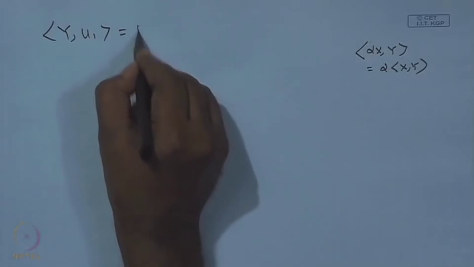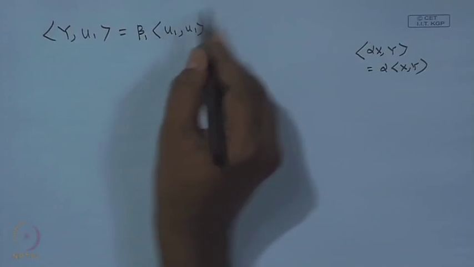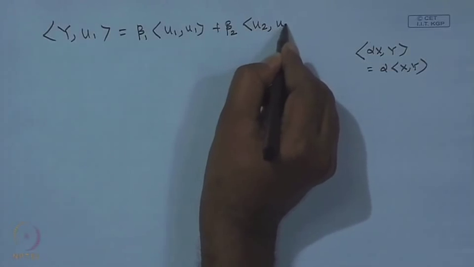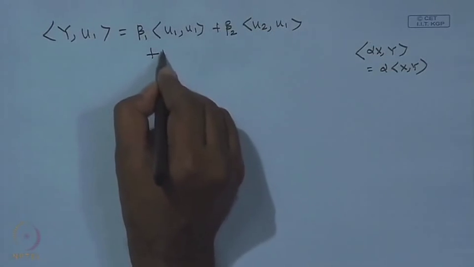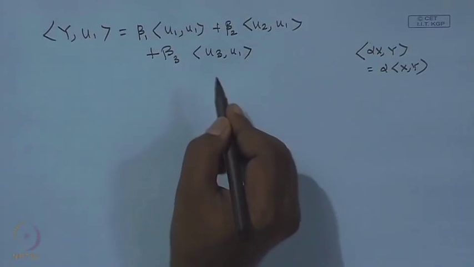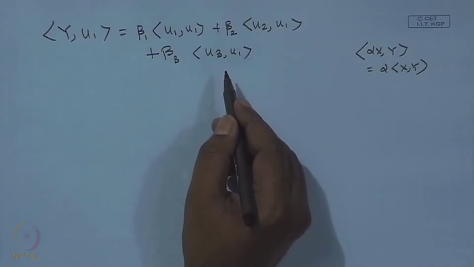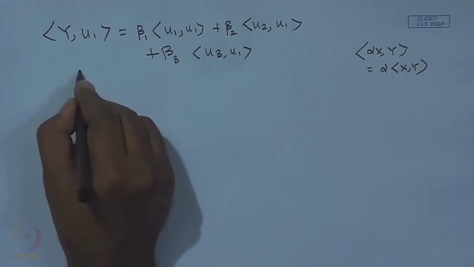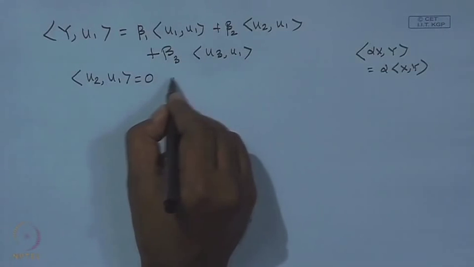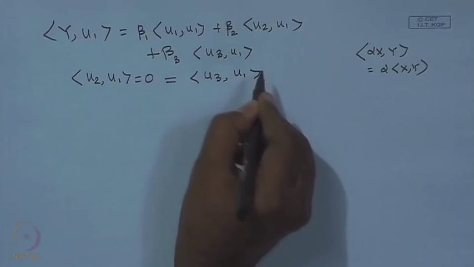So, therefore, beta 1 can be taken out and it will be the inner product of u1 and u1, plus beta 2 inner product of u2 and u1, plus beta 3 inner product of u3 and u1. Now, since u is a set of orthogonal basis set vectors, the inner product of u2 and u1 will be equal to 0 by definition, because they are mutually orthogonal to each other. Inner product of u3 and u1 will also be equal to 0.